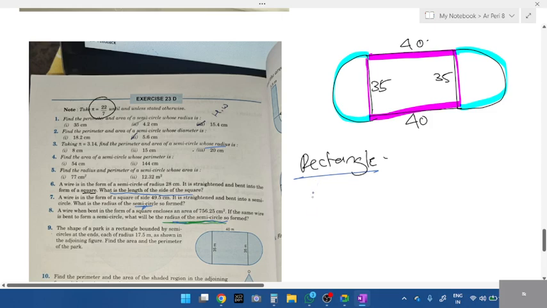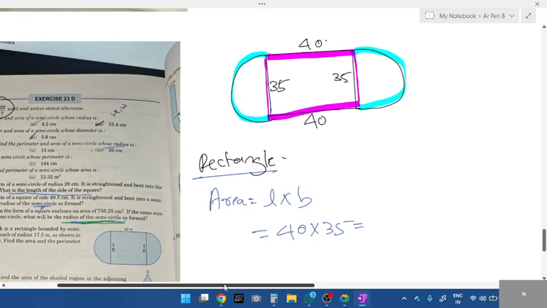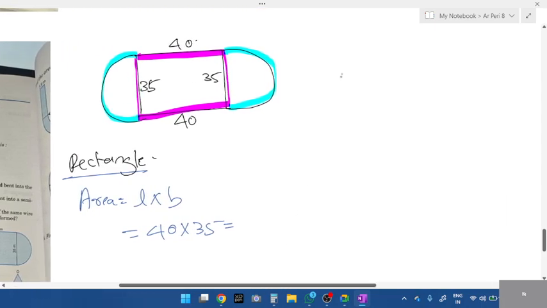So, find the rectangle area, students. What is the area of a rectangle? Length into breadth, 40 into 35. Multiply 40 into 35. After that, what is given here? Semicircle. Each radius is how much, students? Semicircle radius is equal to 17.5.